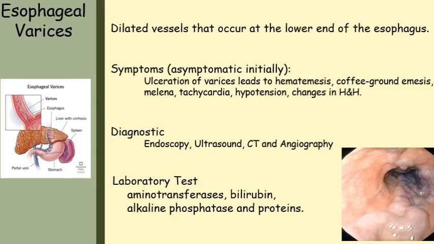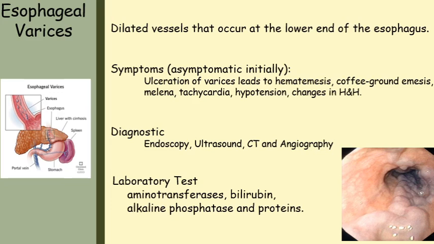Diagnostic: so how do they know if somebody has esophageal varices? Well, if somebody has portal hypertension, they're automatically at risk for esophageal varices. So how do they determine if they have them? Because of symptoms, of course. If somebody's coughing up blood, or has the coffee-ground emesis, those can be the different things.